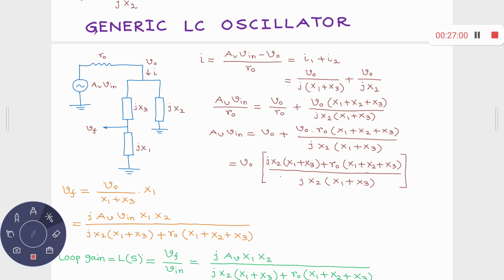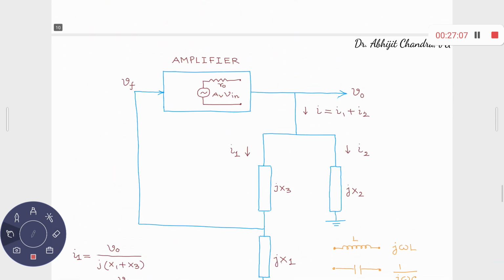Then what is the loop gain? Initially you have started with, so let me once again go back over here. Initially this input was Vin. Then through this amplification operation, you have generated some AV times Vin. Right? AV Vin is nothing but your open circuit voltage.